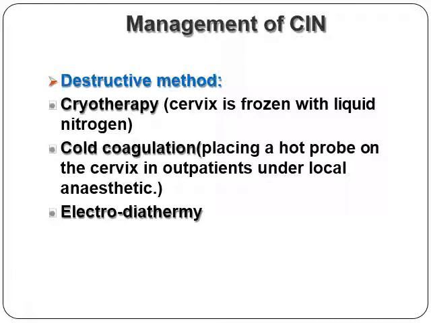Usually we aim to destroy the cells, either by cryotherapy, freezing with liquid nitrogen, or we can use cold coagulation, a hot probe on the cervix under local anesthesia, but the most commonly used technique is electrodiathermy or electrosurgery, by applying heat to destroy and coagulate the dysplastic cells.